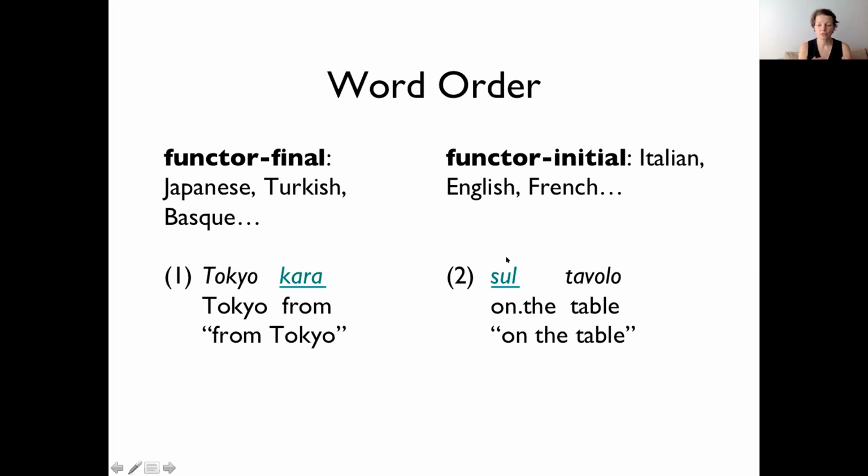Now, importantly, from the perspective of the learner, the young baby, this very fact, where the functors are positioned, is correlated with a large number of other word order phenomena. Languages that are functor final typically are object-verb languages. They have specific noun adjective orders.